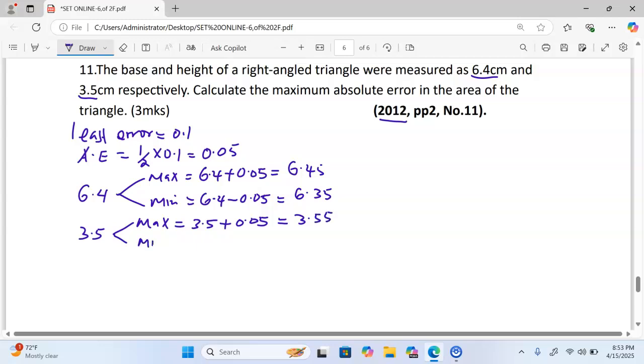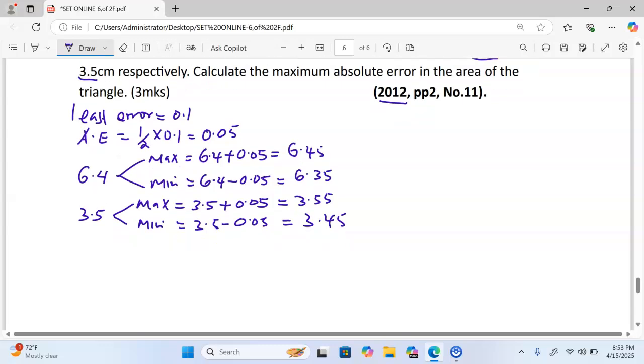And the minimum value would be 3.5 minus 0.05, giving us a value that is 3.45.